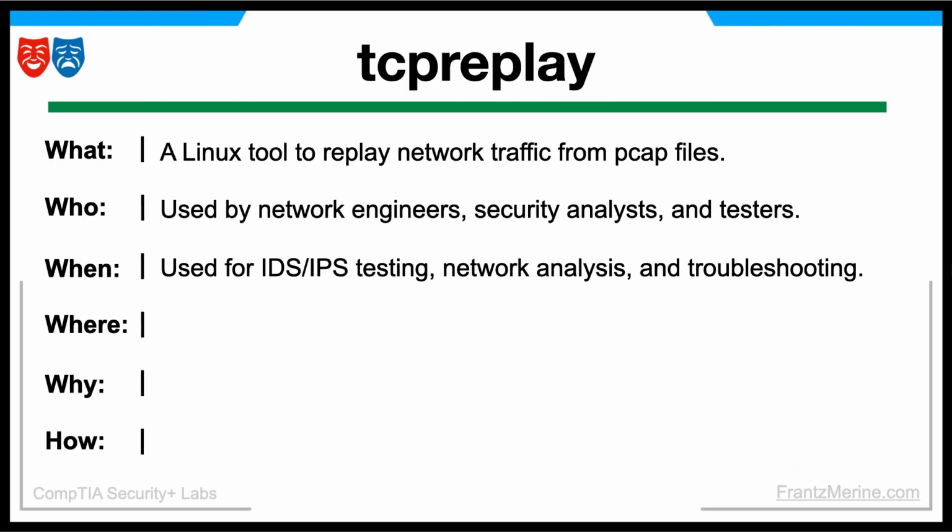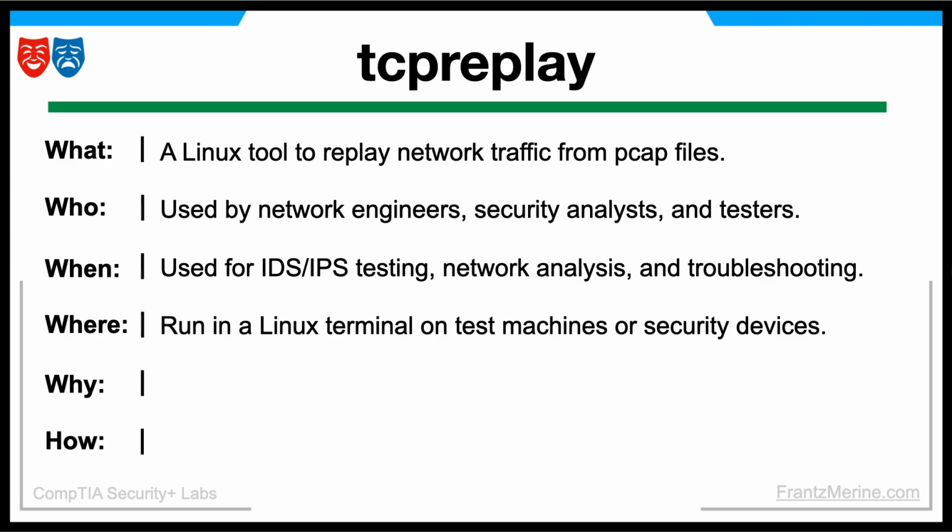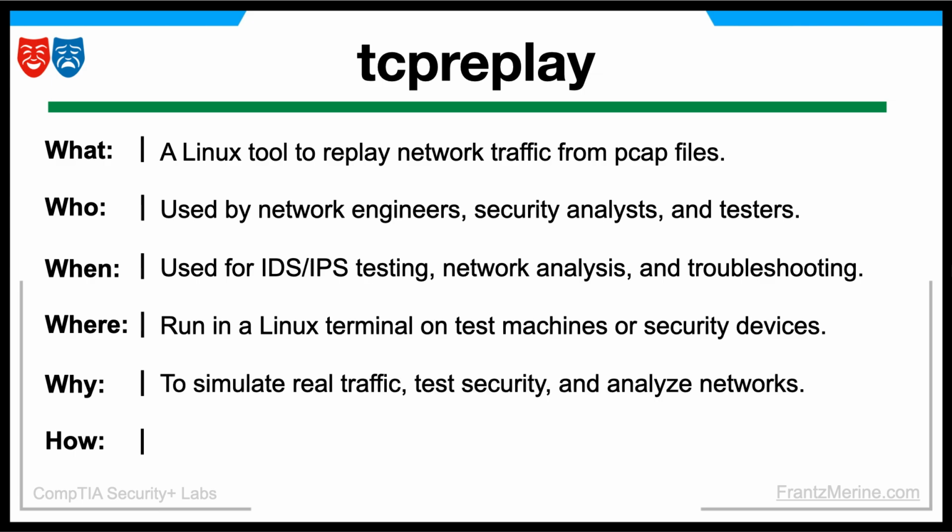It is used when testing intrusion detection systems or intrusion prevention systems, evaluating network configurations, or simulating real-world traffic for troubleshooting. The command is executed in a Linux terminal, typically on a test machine, server, or network security appliance. It helps in replicating network conditions, testing security devices, and validating network performance under specific traffic loads.